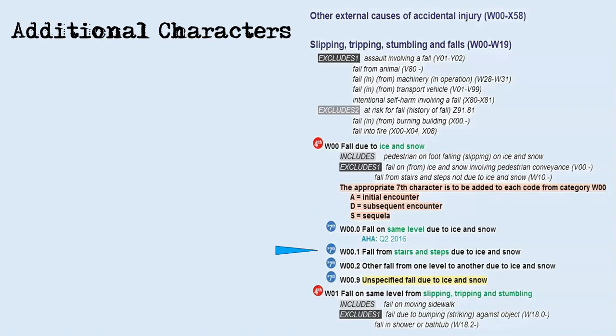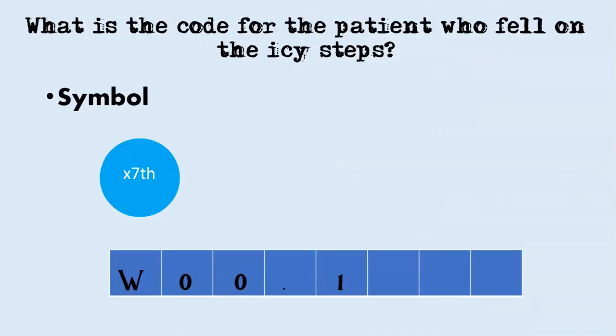Applying what you have learned so far, what code would be assigned for the patient who fell on the icy steps? The tabular provided the first 4 characters, W00.1.